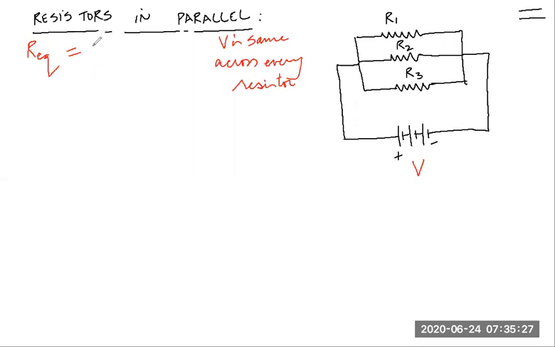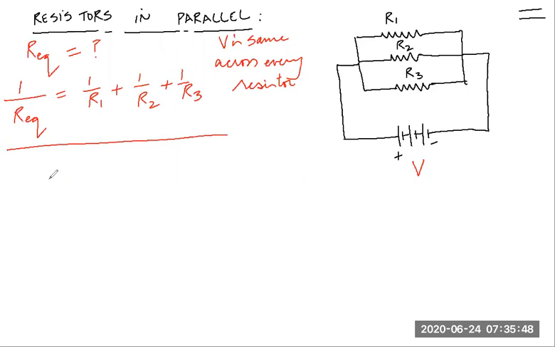All right. So what is equivalent resistance? I would tell you guys. How do you find equivalent resistance? 1 by equivalent resistance of the system is equal to 1 by R1 plus 1 by R2 plus 1 by R3. From this, you could find out the equivalent resistance of the system. How can you do that?